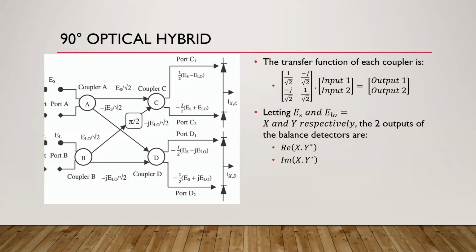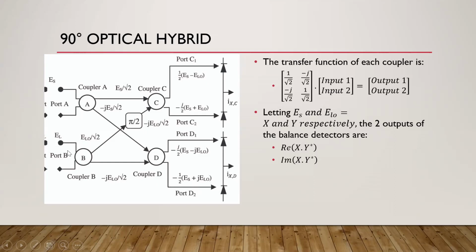Each of those has a transfer function described in the slide there. So if we use that matrix in the slide, 1/√2 and so on, and multiply that by input 1 and input 2 into each of those couplers, we get the 2 outputs from that coupler. In this diagram, it uses ES and EL, but in our case, we're talking about X and Y. On the input to the first coupler, we've got X on the top and 0 on the bottom.